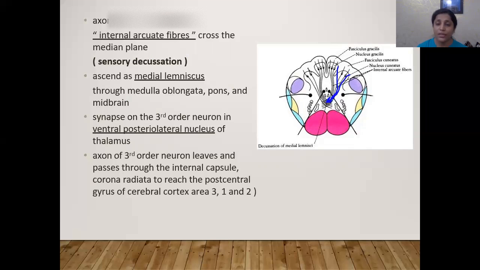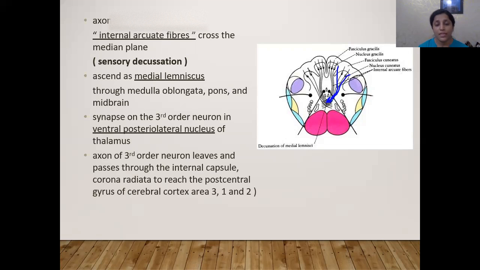Last time also, in the spinothalamic tracts, we saw that the thalamus was the site of entry into the brain, and how it formed the junctions and led to the internal capsule and the corona radiata. So again, we see that the third order neuron is going to originate in the ventral posterolateral nucleus of the thalamus, where the second order neuron has terminated.